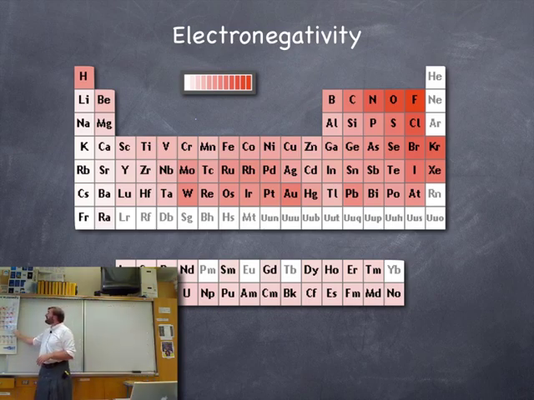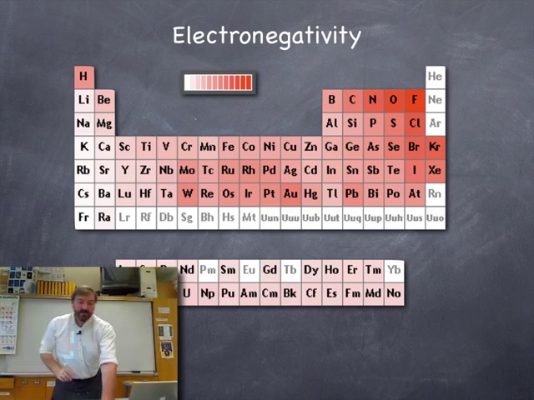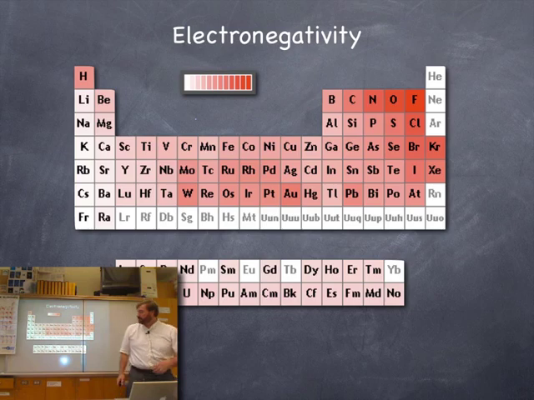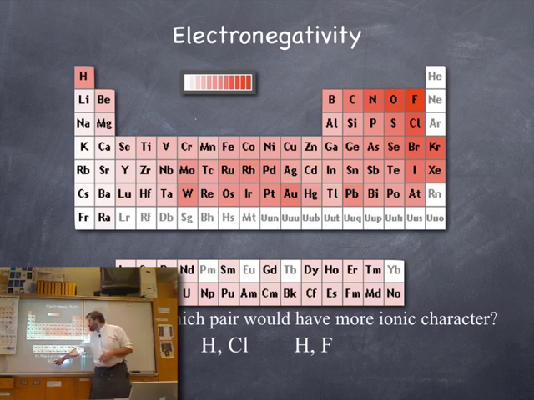So, we can look up values on here, but for the most part, we're just going to need to make some judgment calls. So, if I gave you a pair of bonds and I said, which pair would have more or greater ionic character, HCl, H with chlorine, or H with fluorine.